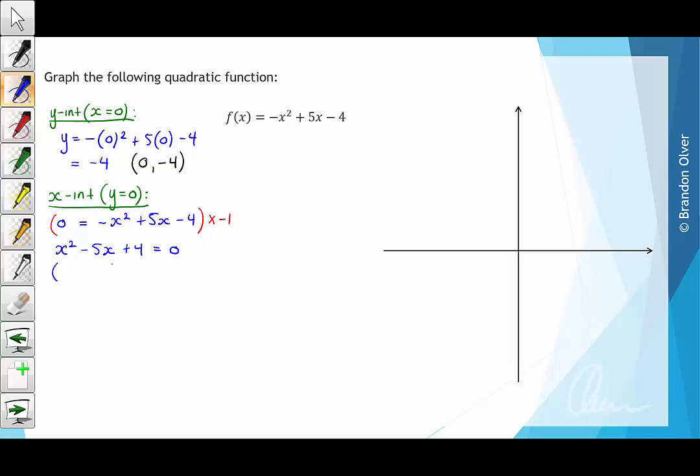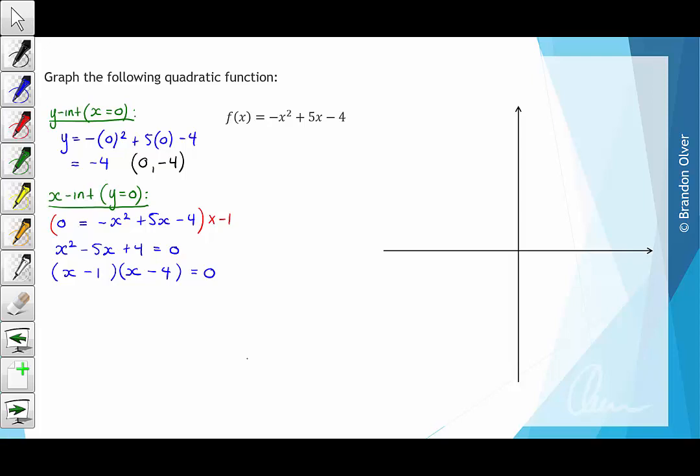And we can easily inspect that quadratic to find the factorized form. The two numbers that multiply together to give positive 4 and add together to give negative 5 are negative 1 and negative 4. So you can check the expansion of that and check that you get back to x squared minus 5x plus 4.